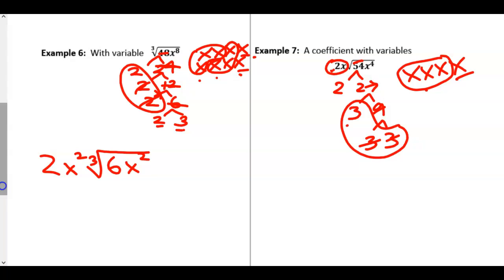So 2 times 3, 6, and then x times x, x squared, right? And then what are my loners? 2x. Okay, and it's got to be a cube root, a little 3 there.